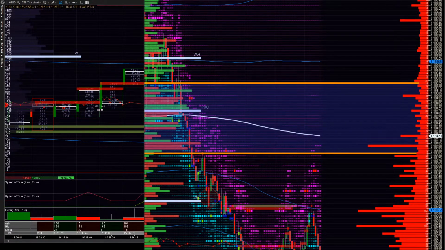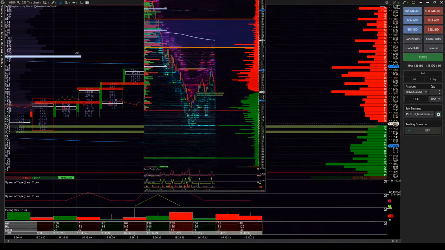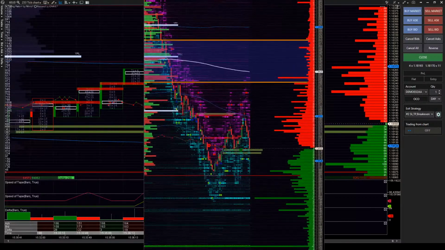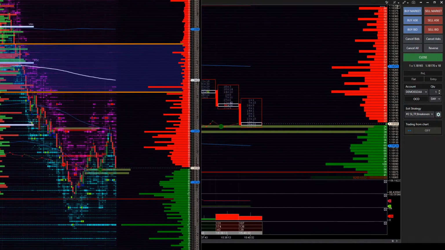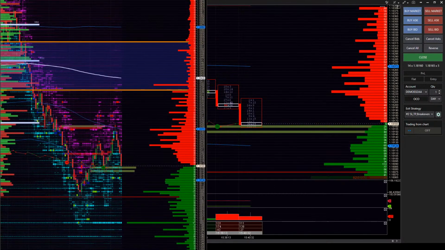So let's move this chart a little bit. Wait a second. Let's get it back here. So you can see the whole chart. We can see in this chart what's going on right now.